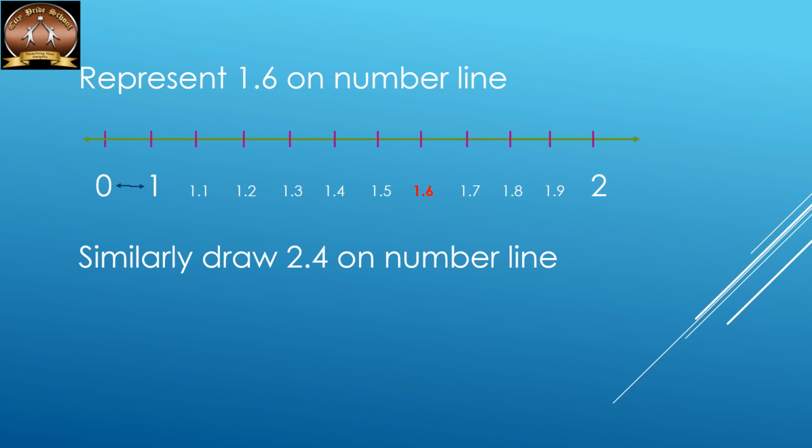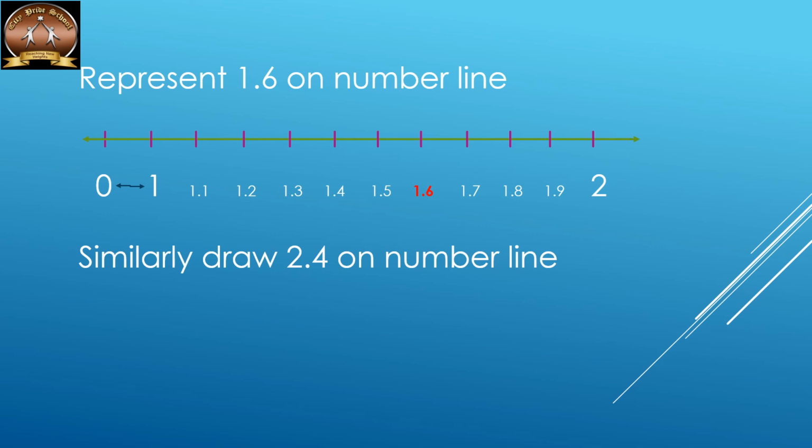So first of all, this decimal will lie between 1 and 2. 1 is a whole number part, and after 1 comes 2. So this decimal lies between 1 and 2. For that, we have to divide the distance between 1 and 2 into 10 equal divisions, because 0.6 is nothing but 6 out of 10 divisions.